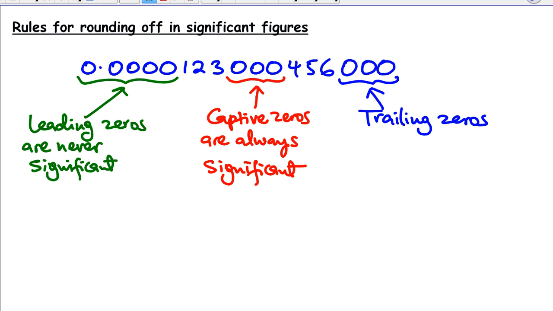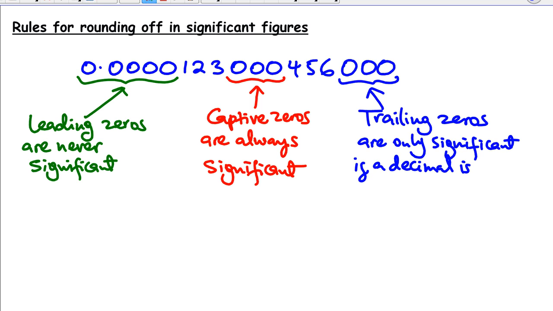But because the decimal is to the left, they are not significant. So if the decimal is at the left, it's not, like in this case here, the trailing zeros here are not significant.